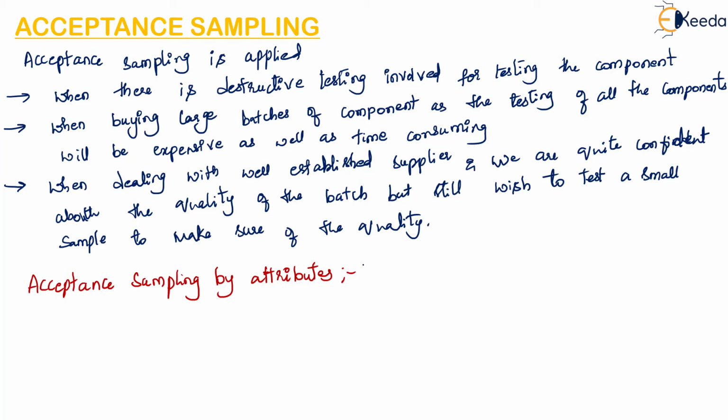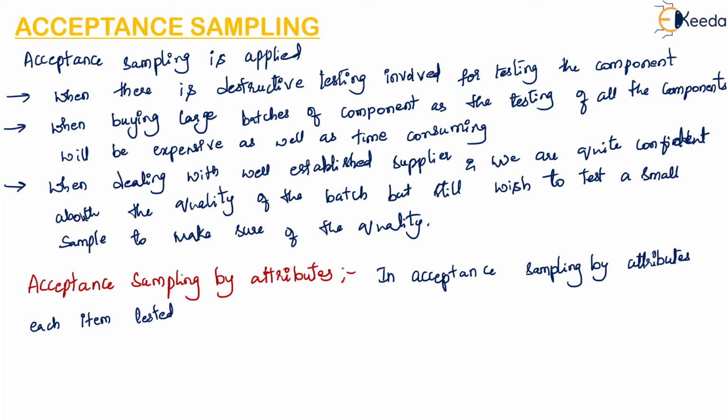So in acceptance sampling by attributes, each item that is tested is classified as conforming or non-conforming.